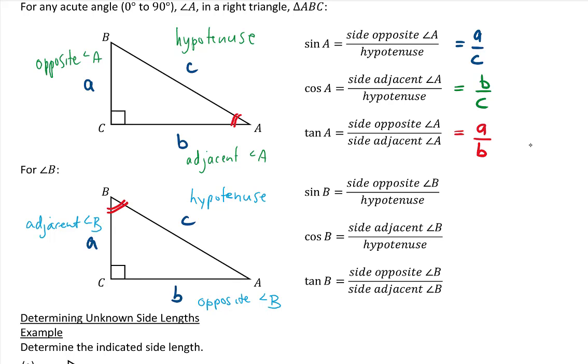which changes our ratios. So if I wanted the sine of angle B, that would be the side opposite B over the hypotenuse.